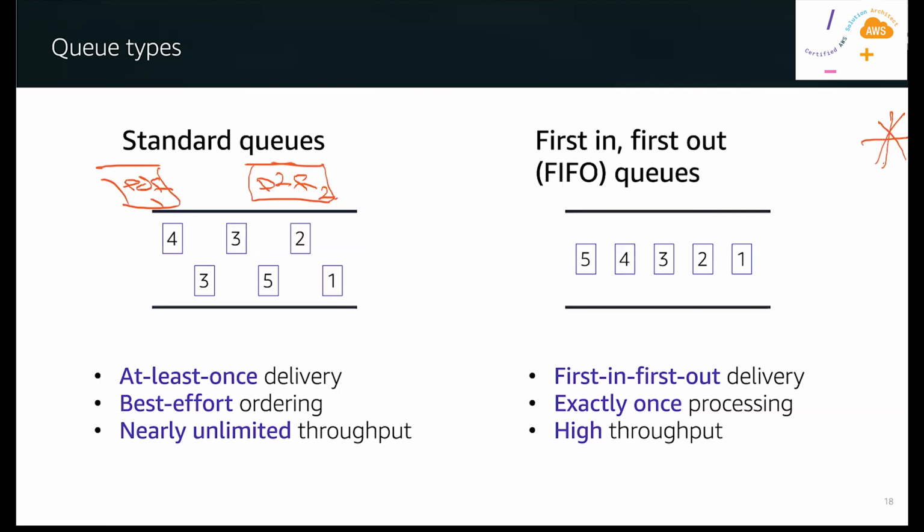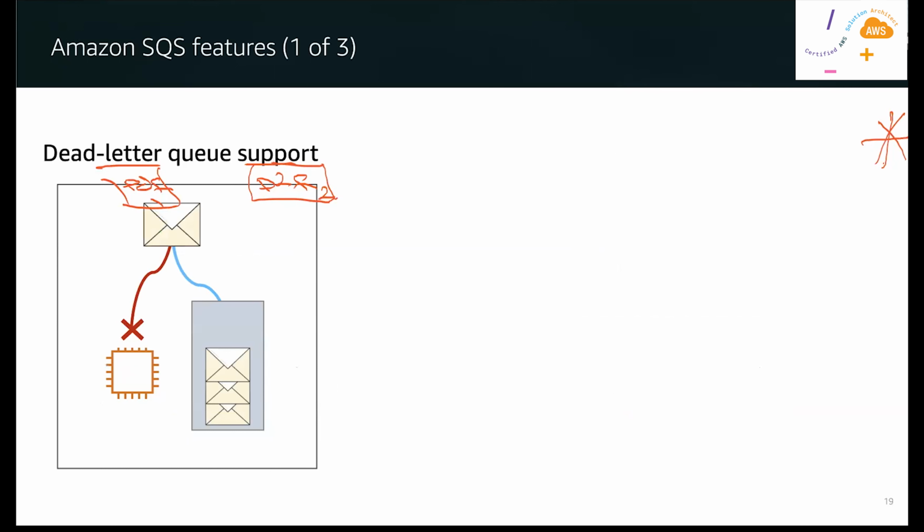In the standard queue, it will guarantee that it will deliver the message at least one time. In first in, first out queues, we have high throughput, not nearly unlimited. So the throughput and the volume of messages will be much higher in standard queues.